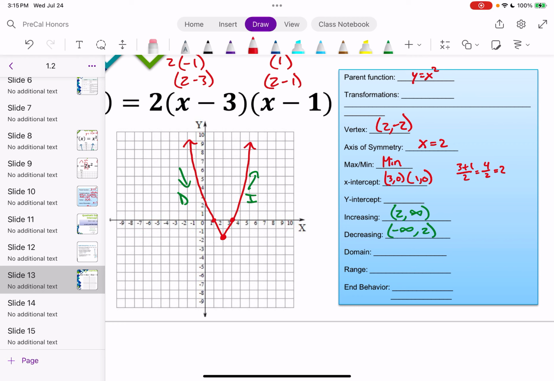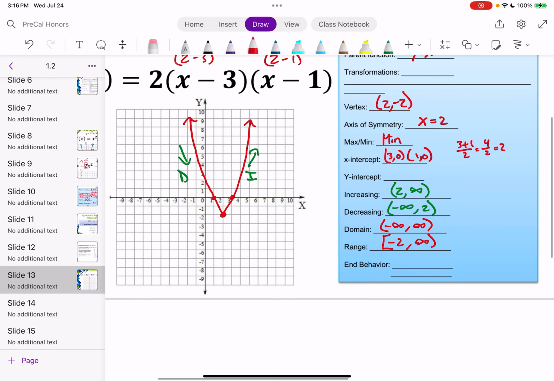Our domain would be from negative infinity to positive infinity. That does not change. Our range would be from negative 2 to positive infinity. And for end behavior, as x approaches infinity, f of x approaches infinity. As x approaches negative infinity, f of x would approach positive infinity.